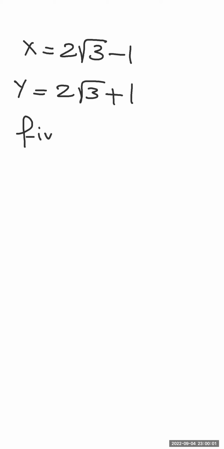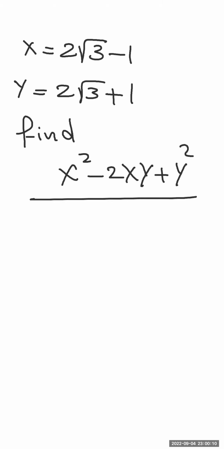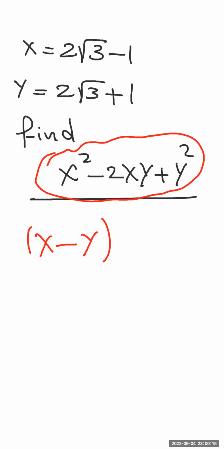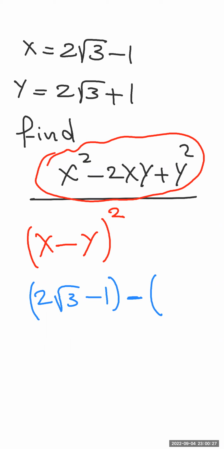x equals 2 square root of 3 minus 1. y equals 2 square root of 3 plus 1. Find x squared minus 2xy plus y squared. Actually, this expression is (x minus y) all to the power 2. So x is 2 square root of 3 minus 1, minus y, 2 square root of 3 plus 1, all to the power 2.